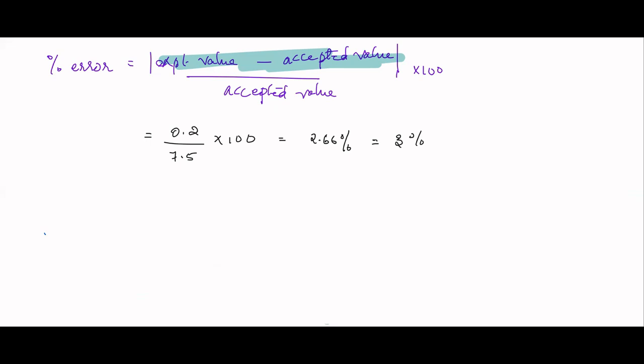Now, the question is asking us to calculate the uncertainty in delta H, or the enthalpy of the reaction. We had got two enthalpy values. One was delta H equal to minus 160 kilojoules per mole, and the other one was delta H equal to minus 180 kilojoules per mole. Let's see how much uncertainty you will get if you go with minus 160.